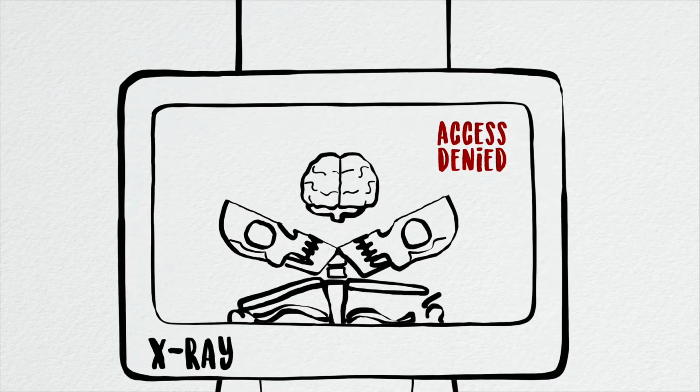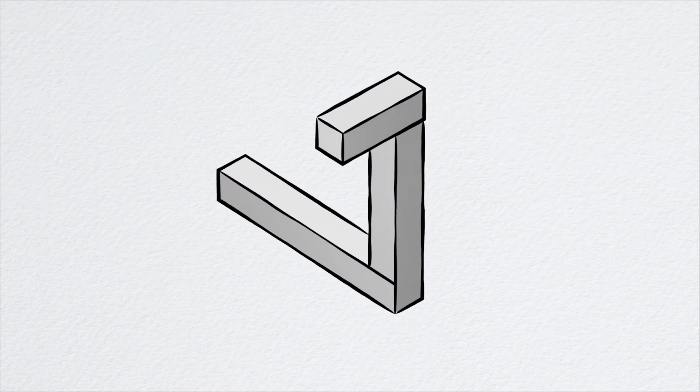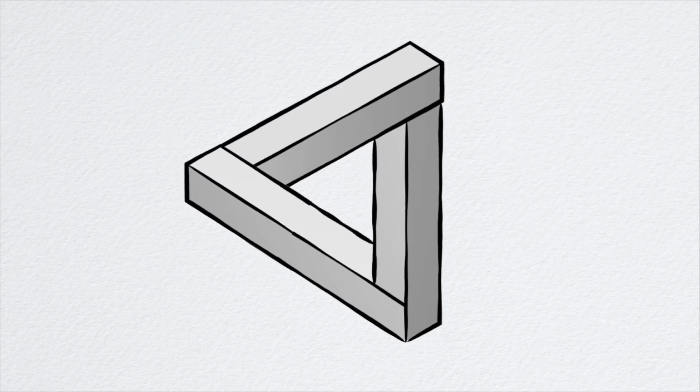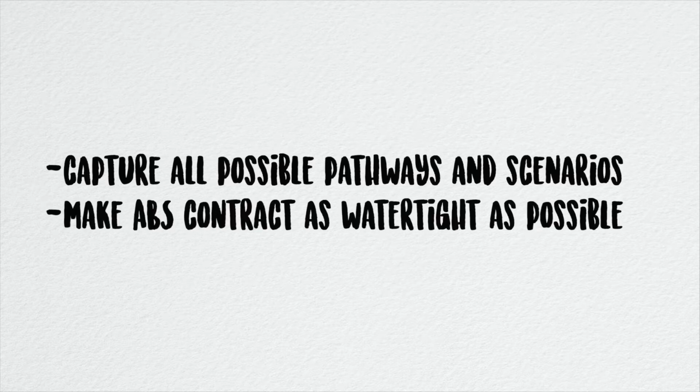And in the end, commercial use is an intention. Building an obligation with the intention being a key criterion leads to an impossible legal situation. Try to capture all possible pathways and scenarios and make sure your ABS contract is as watertight as possible.